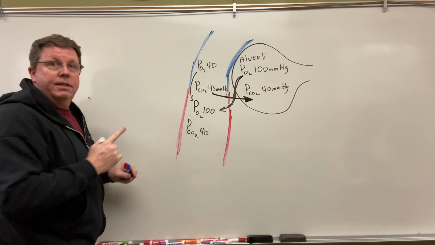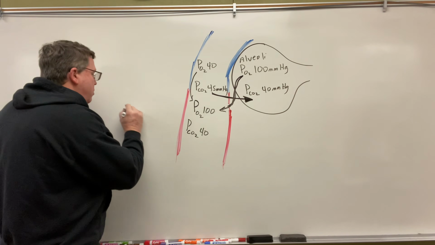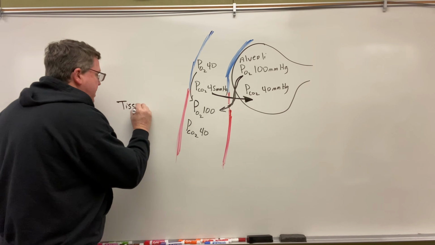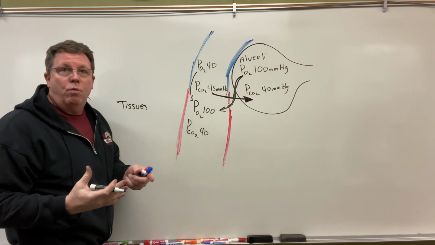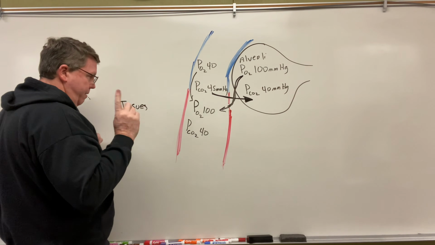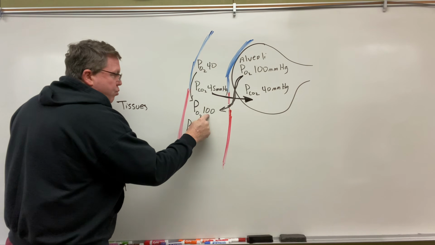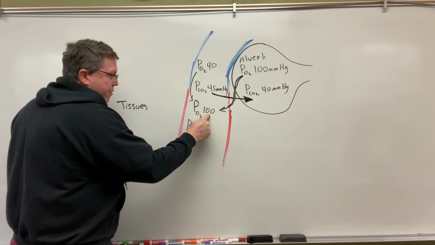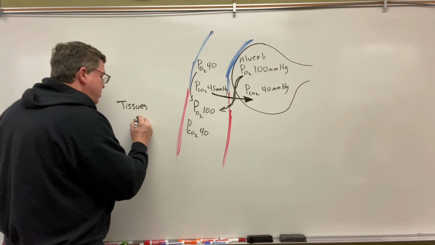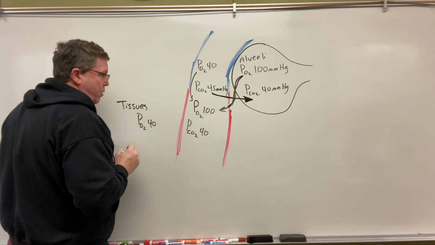Now, my blood vessels are going to bring this to my tissues. And I don't care where you say this is in the body. Some tissues require more, some will require less. So here's what's going to happen: in the tissues, there's my 100, but normally in the tissues we have a partial pressure of about 40 millimeters mercury.